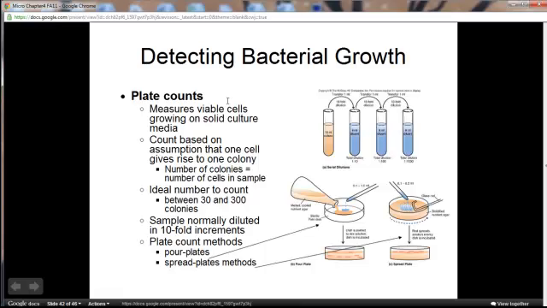But the obstacle is that, again, in this original culture, there may be 10 billion cells. So even if you take a small fraction of this culture and place it on top of a plate, there's probably going to be too many cells there, and as a result, you're just going to see one big streak, one big slime on top of the plate.